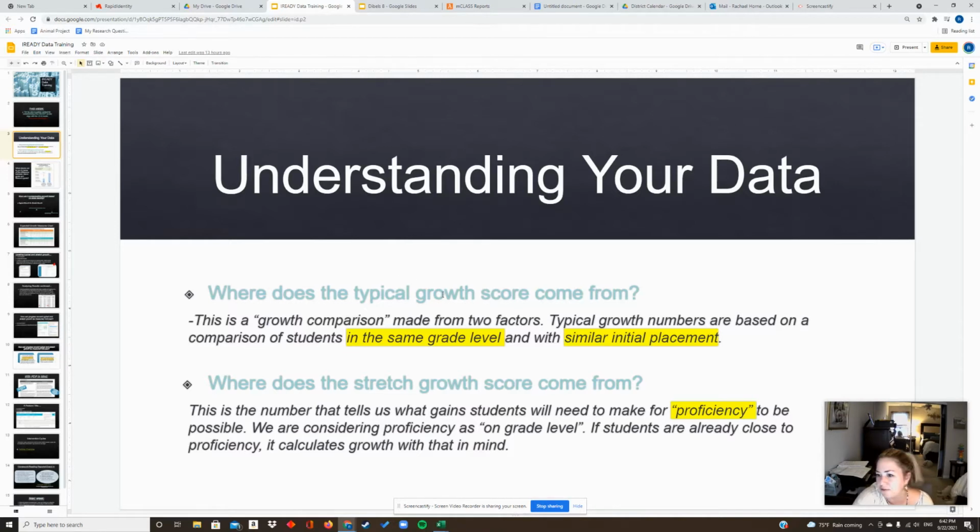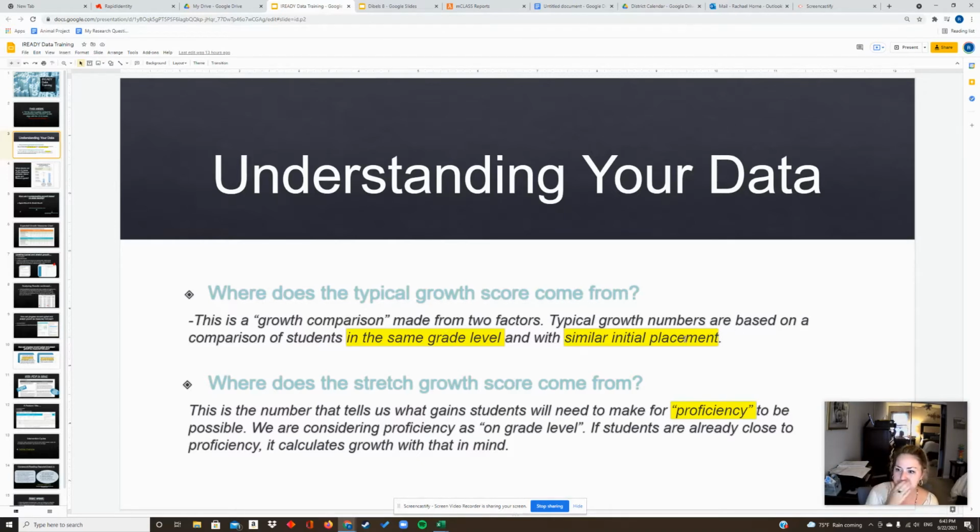Okay, if you're anything like me, you want to know where numbers come from. So this +15 that they're expected to grow by, right? So their scale score, let's say 530, and then you're adding an extra 15 points. Like, where's that coming from? So it comes from two things. The first is from kids who are in the same grade level, nationally speaking, like how do they normally perform? So that's kind of an average where they start from, but it also comes from placement.